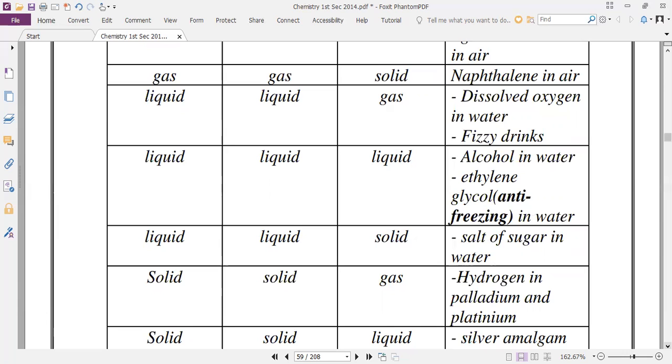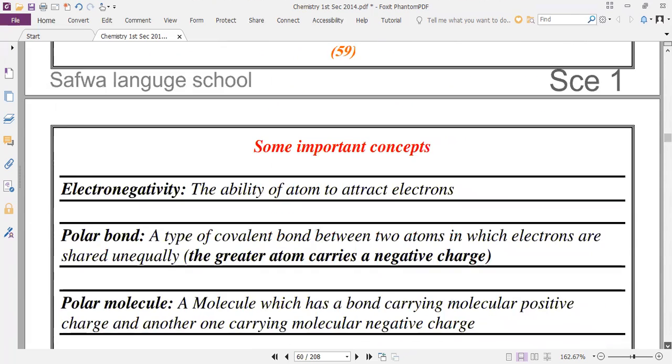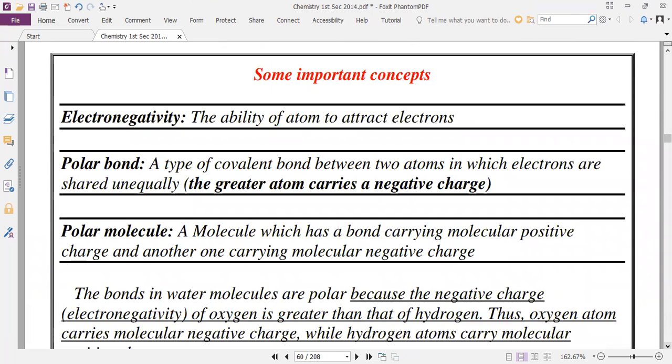Solid liquid: salt or sugar in water. Gas solid: hydrogen in palladium and platinum. Liquid solid: silver amalgam. Solid solid: alloys like nickel chrome alloy. Okay, excellent. Some important concepts.